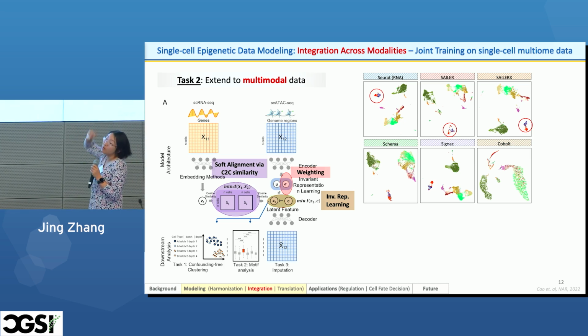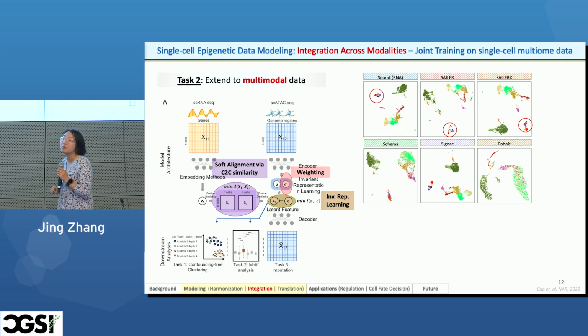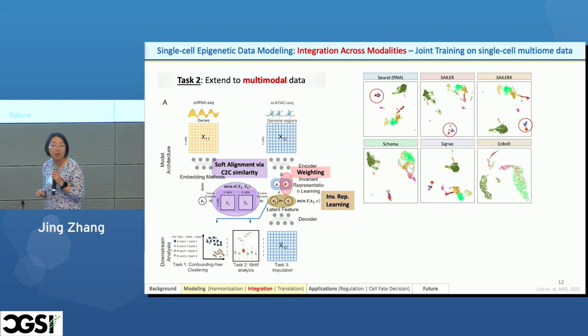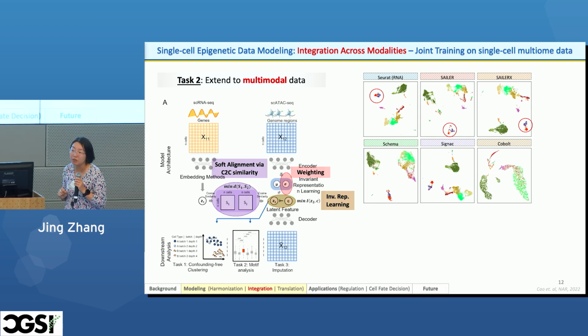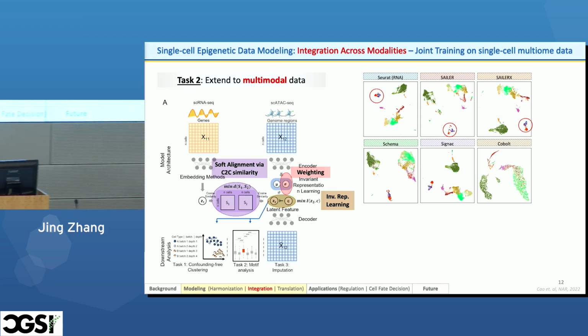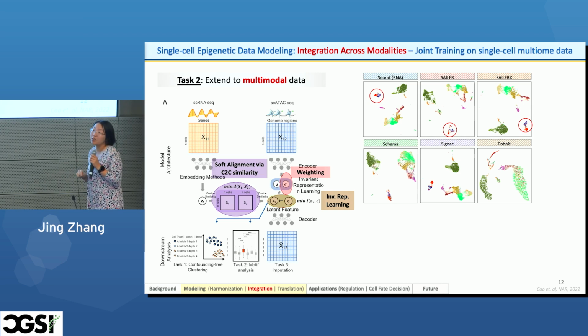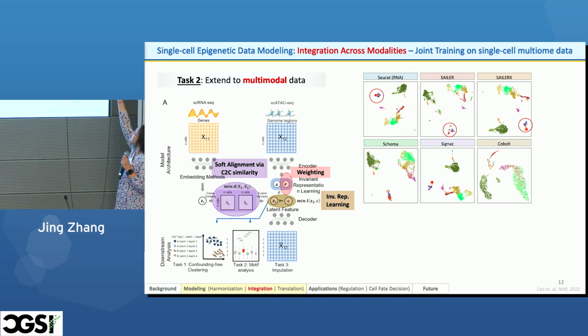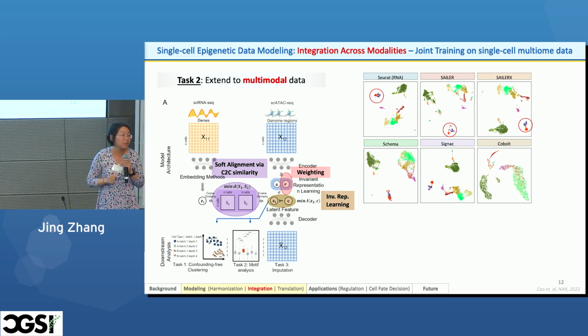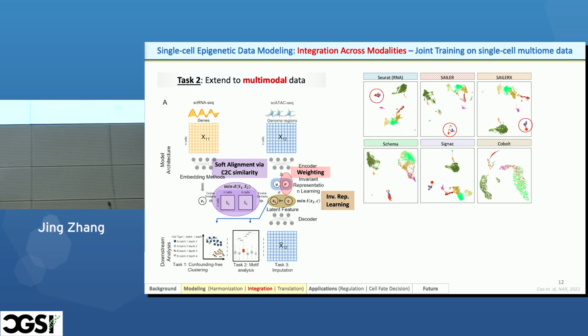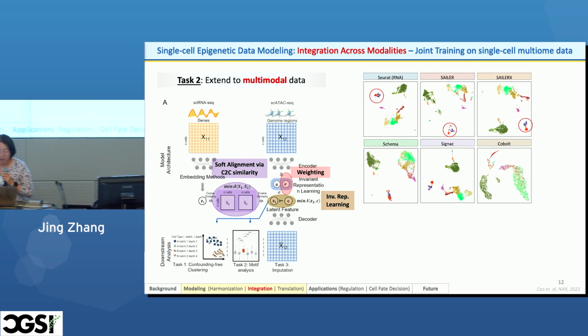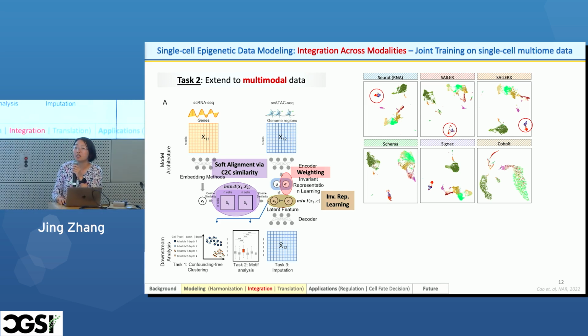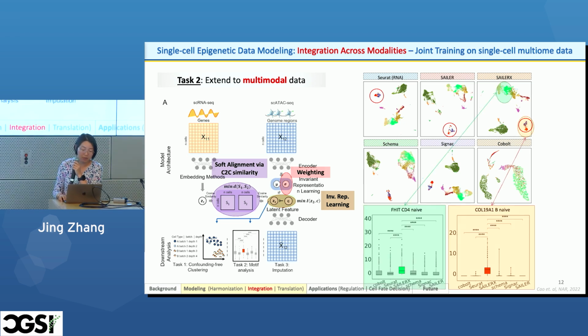In that rare case, ATAC can separate those two subtypes of T cells relatively better. So by this reweighting scheme in our CGSI methodology, these two subtypes can be separated better. And we also have a subtype of B cells that, by this reweighting scheme, can be better separated.